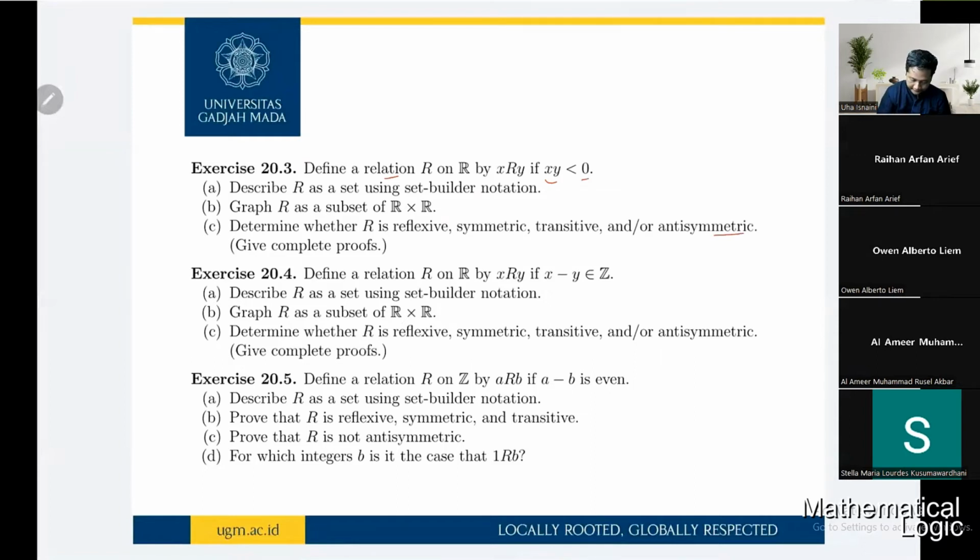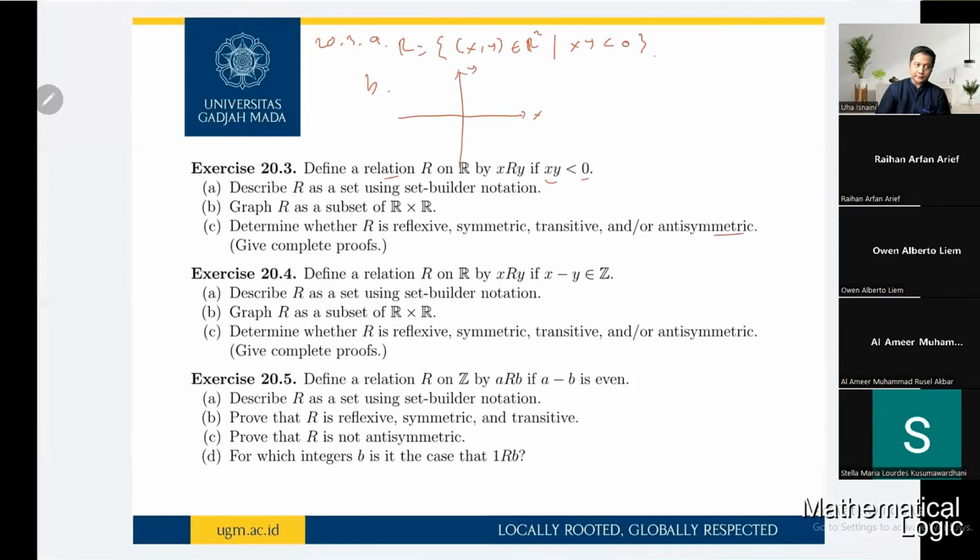So we have that one. We want to describe, so 20.3a. What is our R? Here, (X, Y) in R cross R such that XY is less than 0. And then the next one, for B, we want to graph it. So we want to draw this one is X, this one is Y. And then where is it?